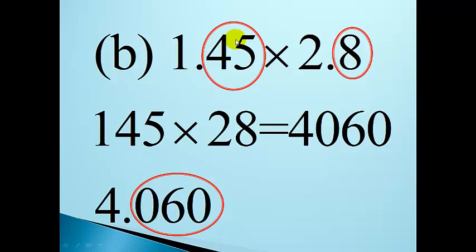So together we have 3 decimal places. That means that 4060 is equal to 4.060 to 3 decimal places.